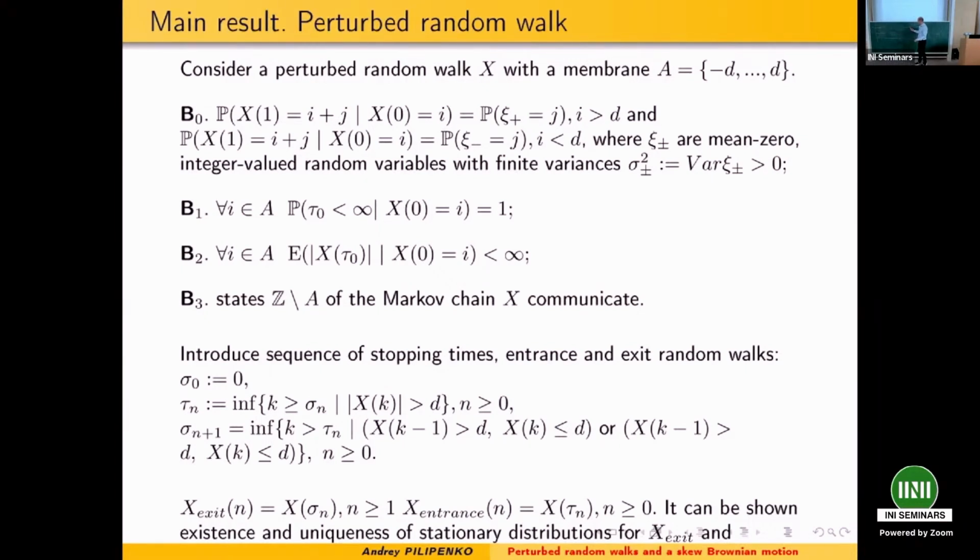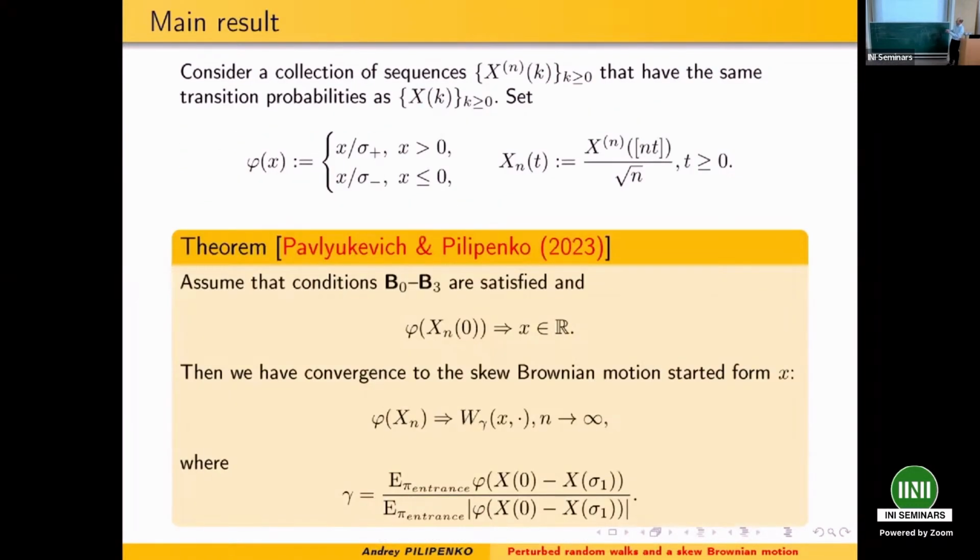This means that, okay, let us formally add one step. Like you jump here, and then you jump here. And the number of overshoots is also like square root of n, so it's all o(n). And we apply the result, and we also get a formula for skewness in terms of some entrance Markov chain. Probably I don't have time. So thank you for your attention.